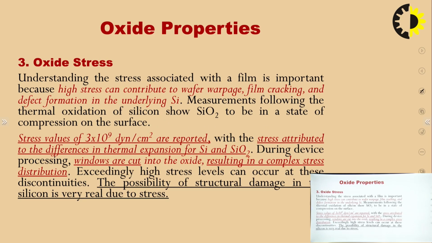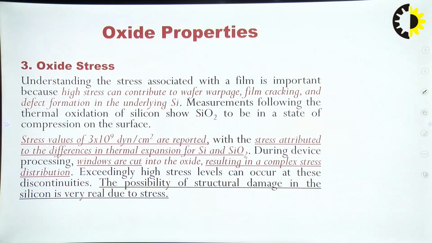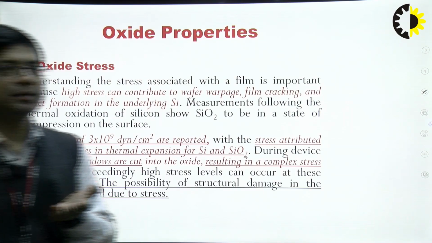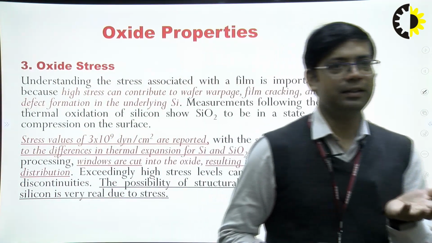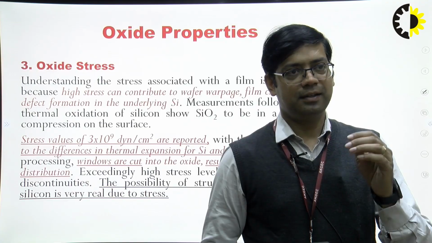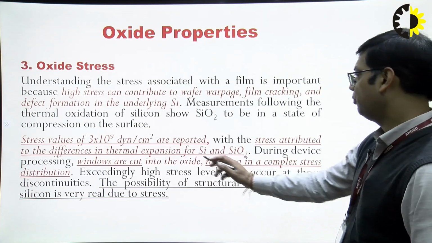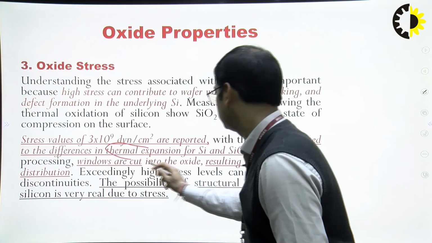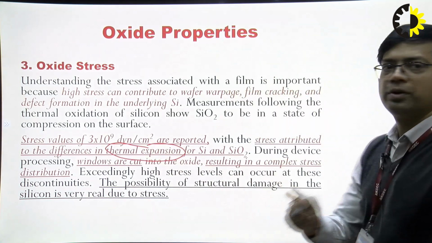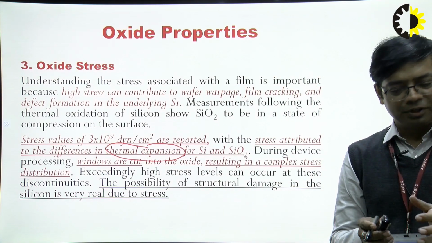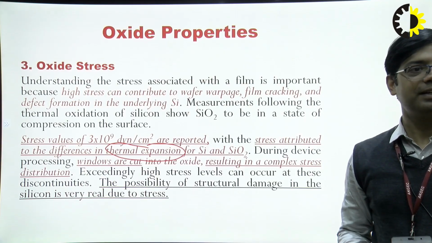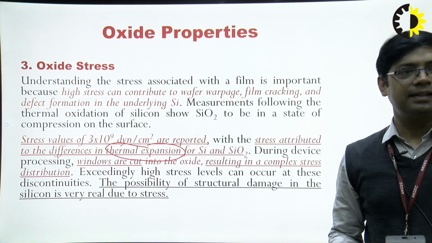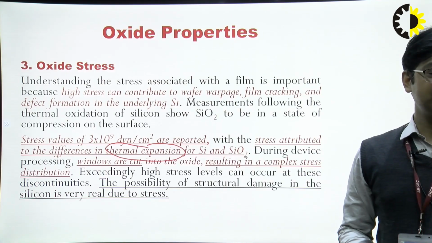The third property is oxide stress. Now we know that when silicon dioxide layer is developed over the surface of silicon, then the thermal expansion of Si and SiO2 is different, and because of different thermal expansion of silicon and silicon dioxide, it results in creation of stress.